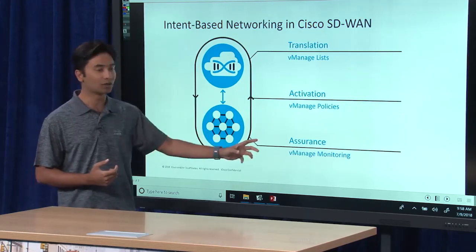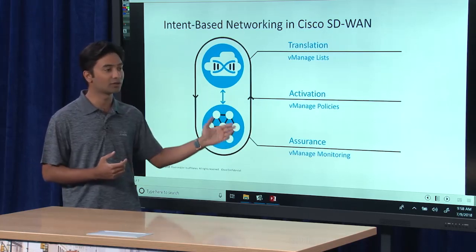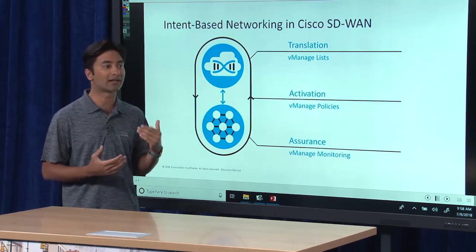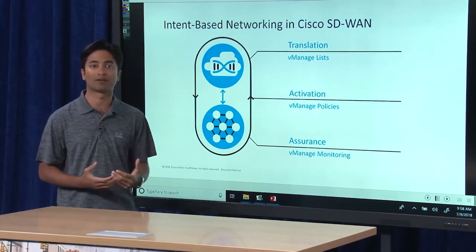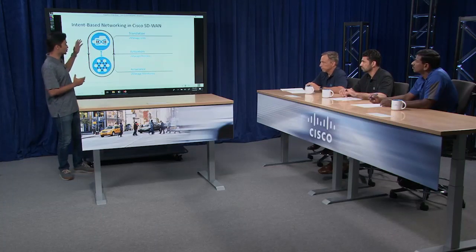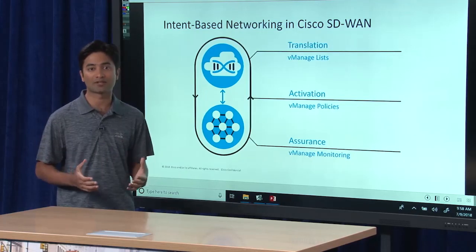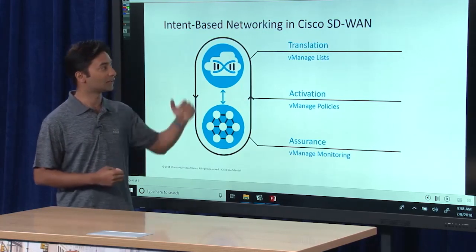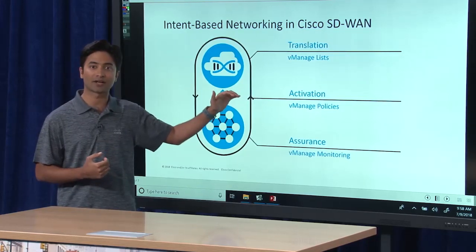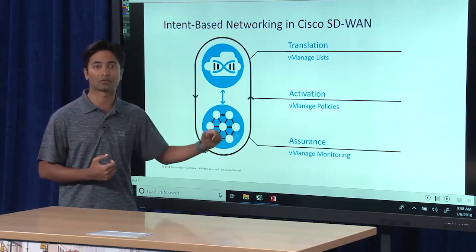And then finally, we'll have end-to-end assurance, giving us monitoring and troubleshooting capabilities for the overall infrastructure and telling us what to do to rectify network issues. This, in a nutshell, covers how SD-WAN fits in the intent-based networking world, to give us a translation of our business goals, to activate policies in a centralized fashion, and to have visibility and assurance for all of our network infrastructure.